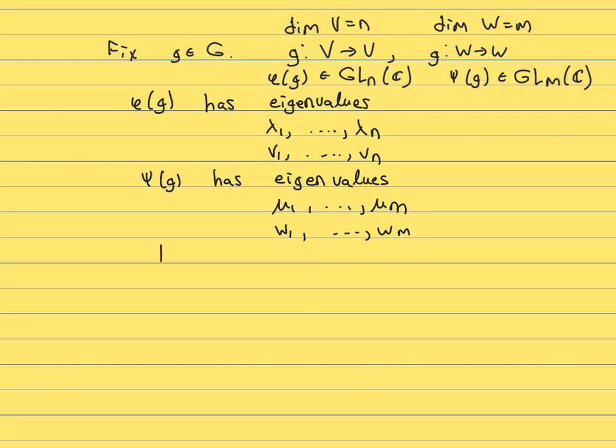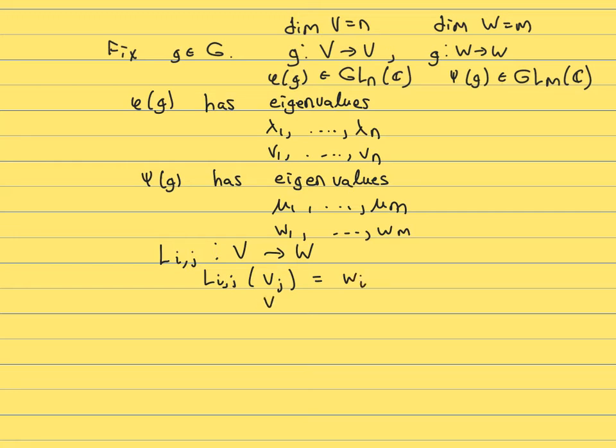So let L_ij be the linear transformation from V to W, defined on the basis by taking v_j and sending it to w_i.